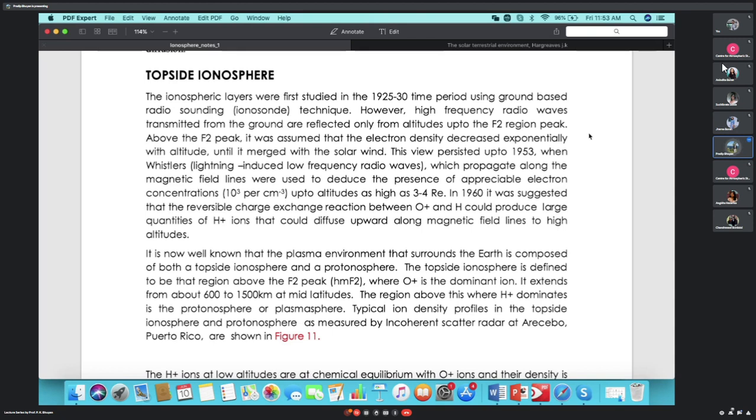The process above the F2 peak, as we have mentioned, is mostly dominated by diffusion, and also because it is largely inhabited by only hydrogen ions, or sorry, hydrogen atoms or molecules, you will have a hydrogen ion dominated ionosphere.